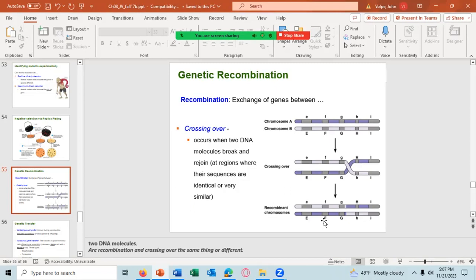So crossing over is when two DNA molecules come together, and they actually pair because that's the first chromosome and that's the first chromosome. And then they cross over, and then they break and exchange pieces. Okay, that's what crossing over is. That happens in meiosis all the time.